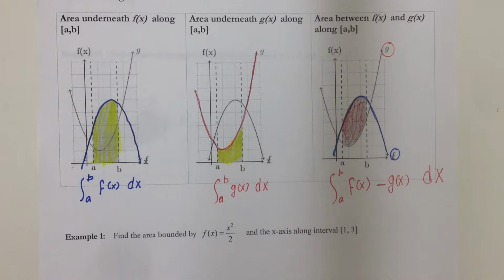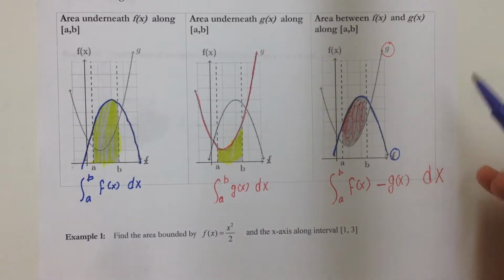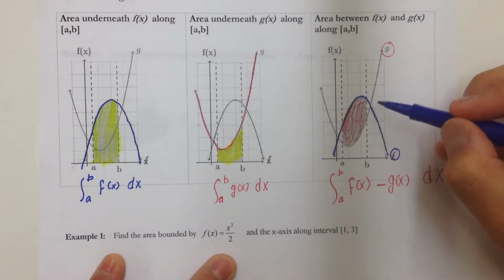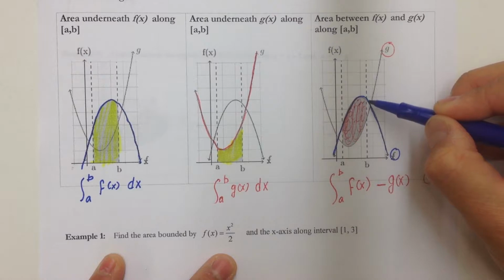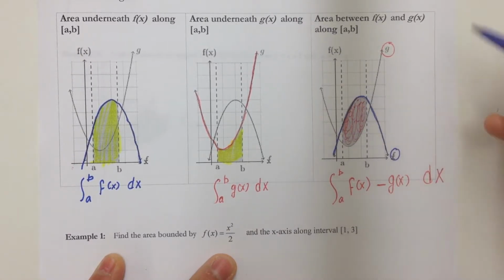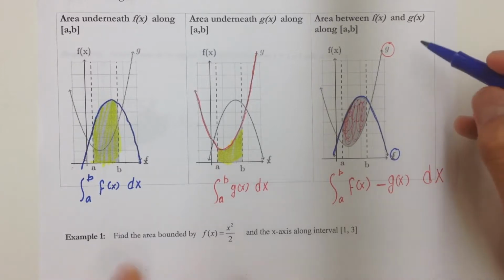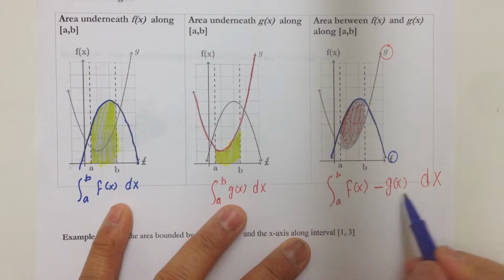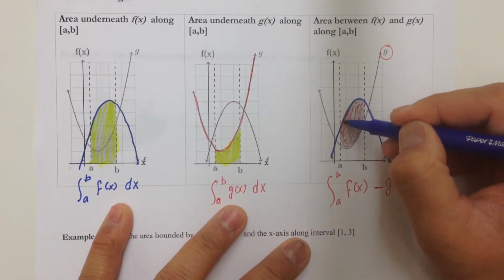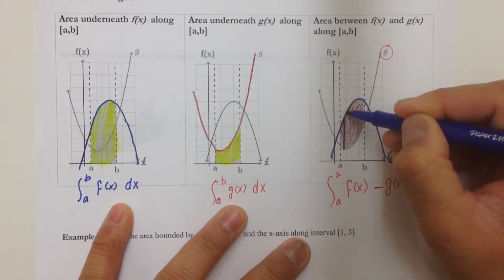One other thing I want you to understand is that when we are finding the area between two curves, make sure that there is a top curve and a bottom curve. To be more specific, when we set up this integral, essentially what we're doing is adding a bunch of lines.